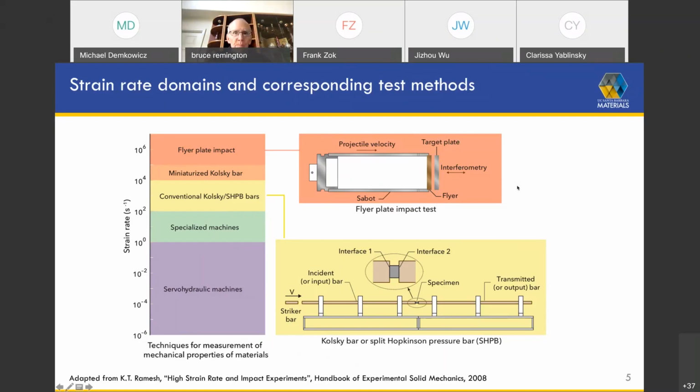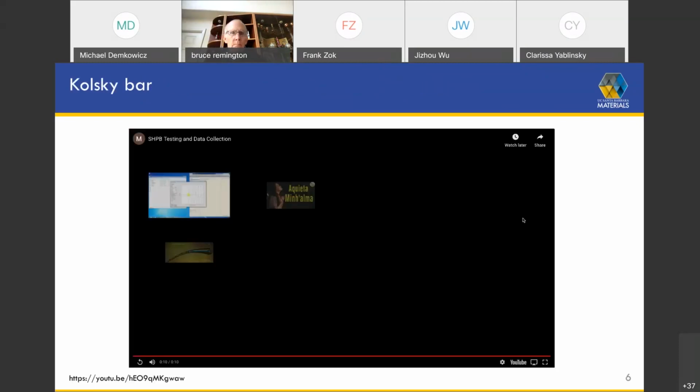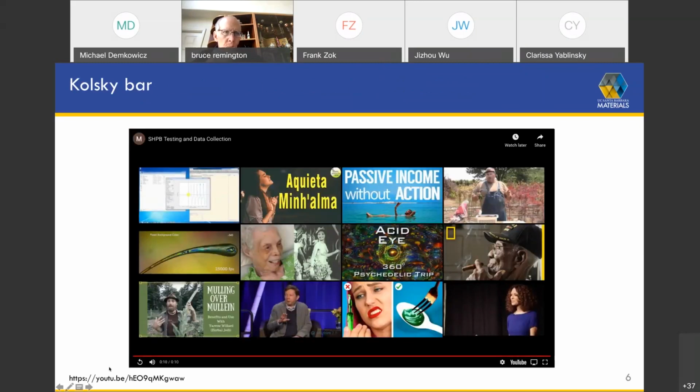It's called VISAR, which I'll return to later. Okay? But this gives us a direct measure of the free surface velocity of the atoms on this back face. From that, we can get the particle velocity, and from the particle velocity, we can get at the stresses within the body.